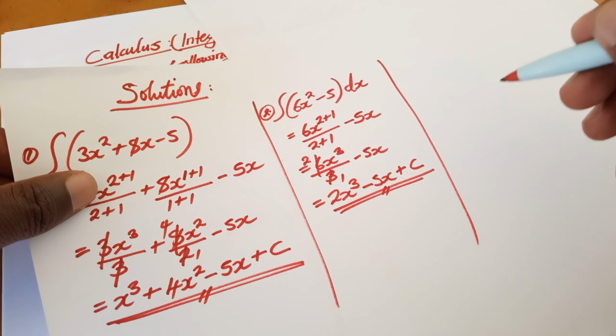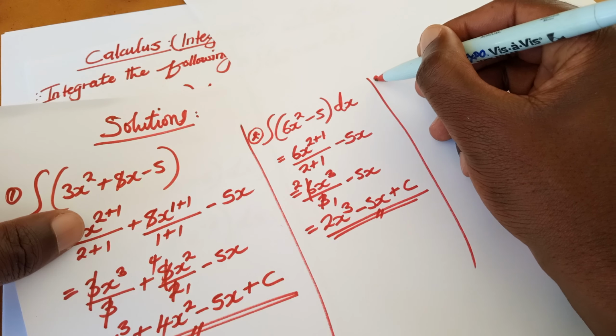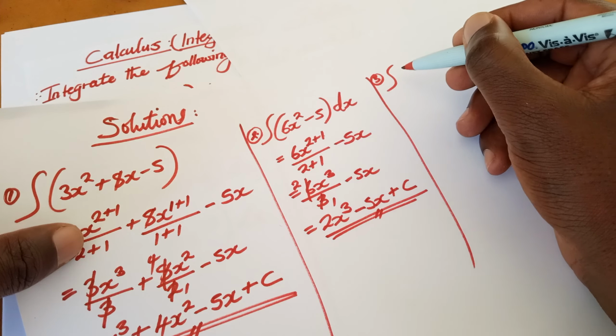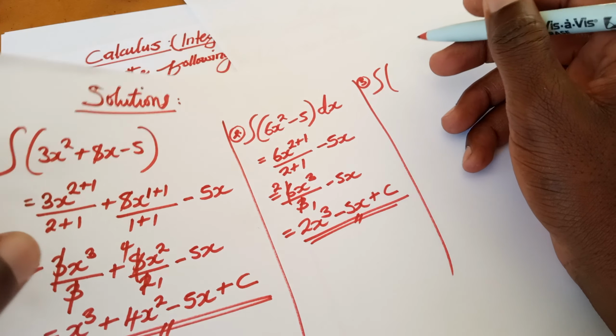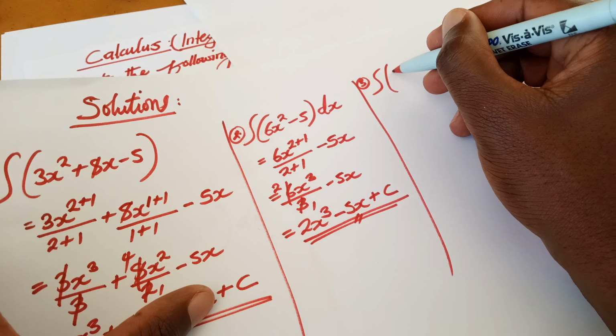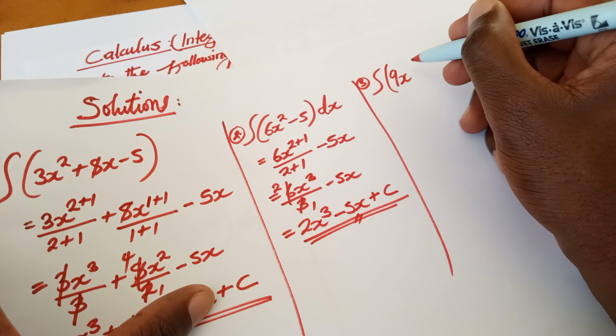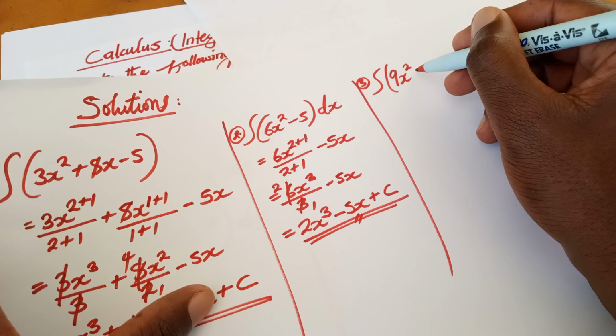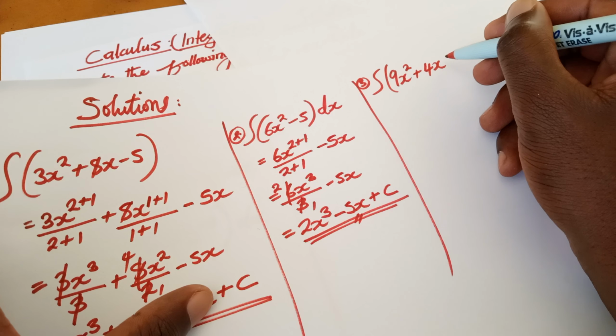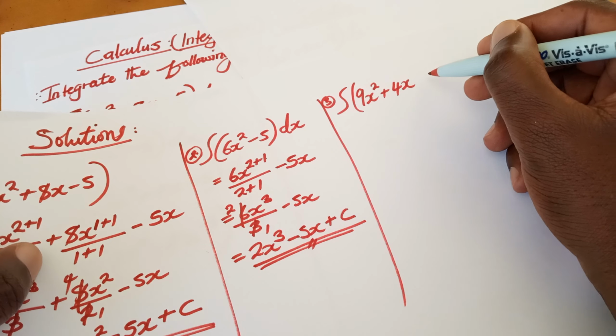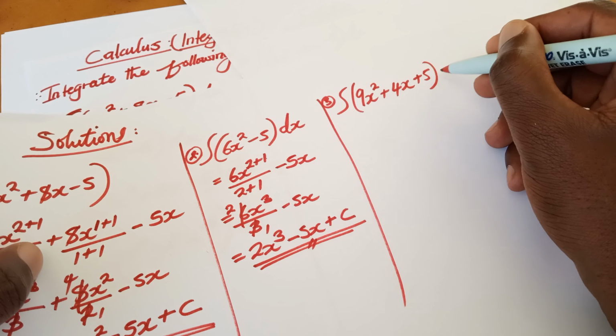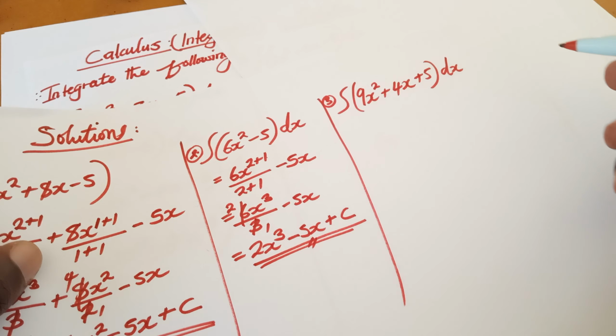Let's go to our third example. It says we integrate 9x squared plus 4x plus 5 dx.